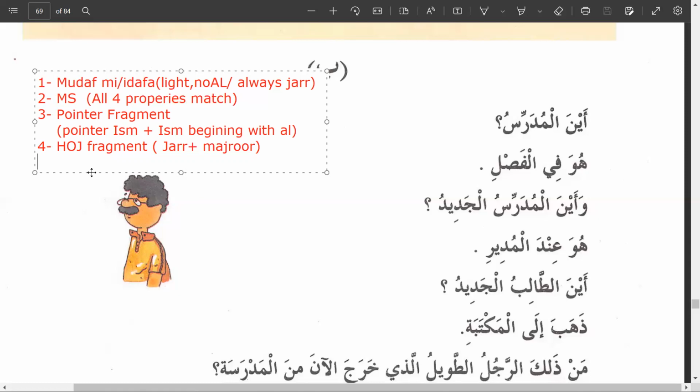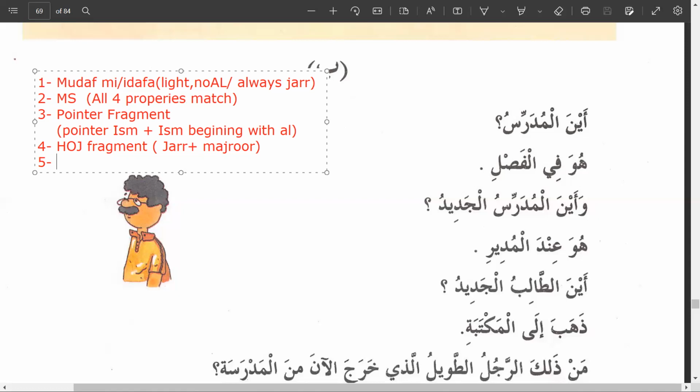Fifth, I think we learned the harf of nasb fragment. Did we or not? Inna, anna, ka anna, bi anna. I don't think so. In the Madinah book, until lesson 9 we haven't learned harf of nasb.